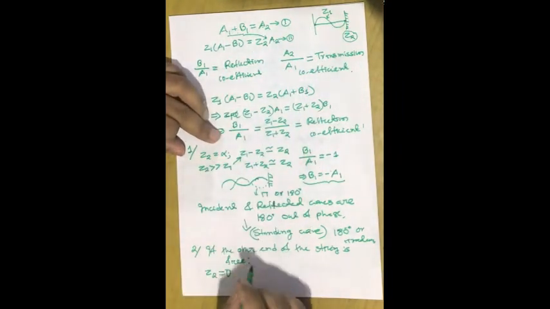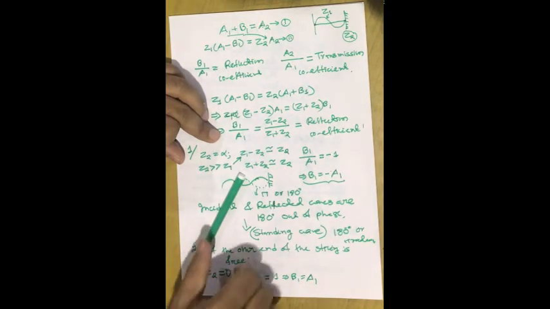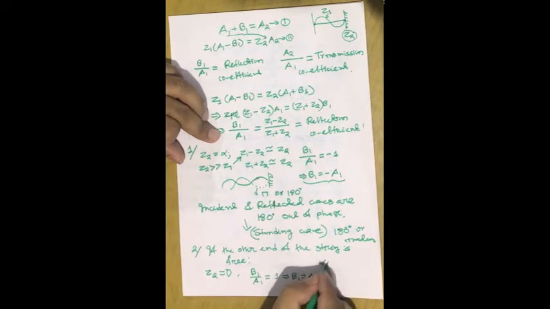So then we will get B1 over A1 is equal to 1, that is B1 is equal to A1. This is analogous to the condition which we can term the flick at the end of the string.